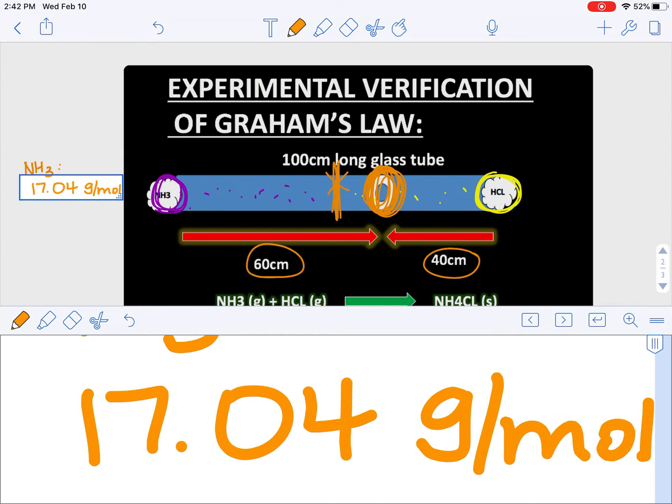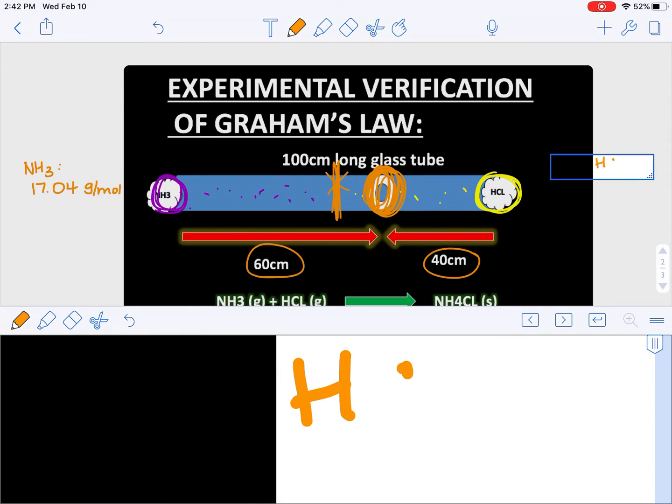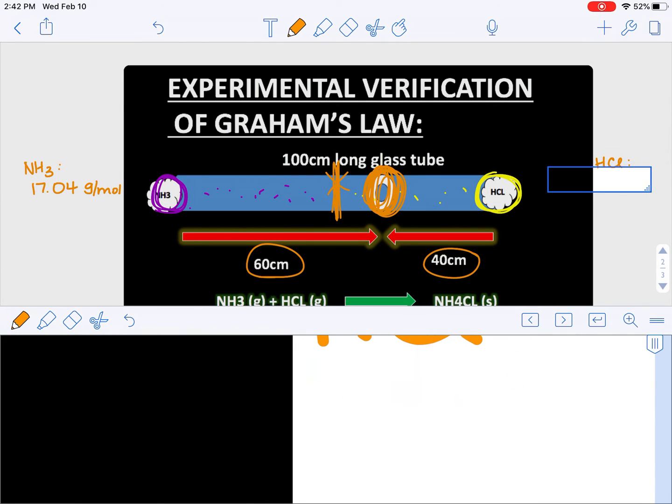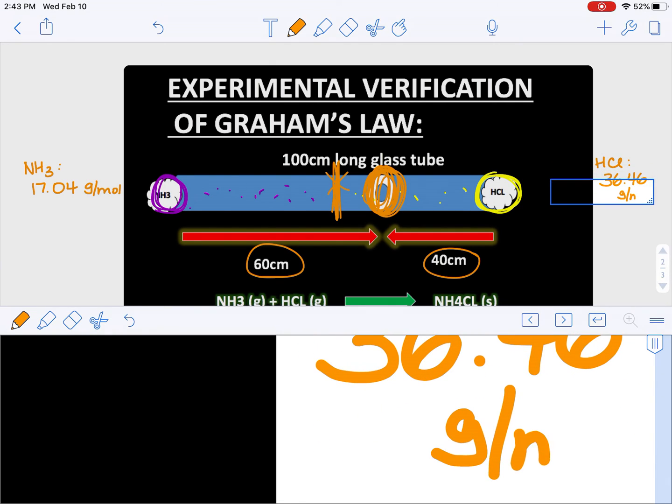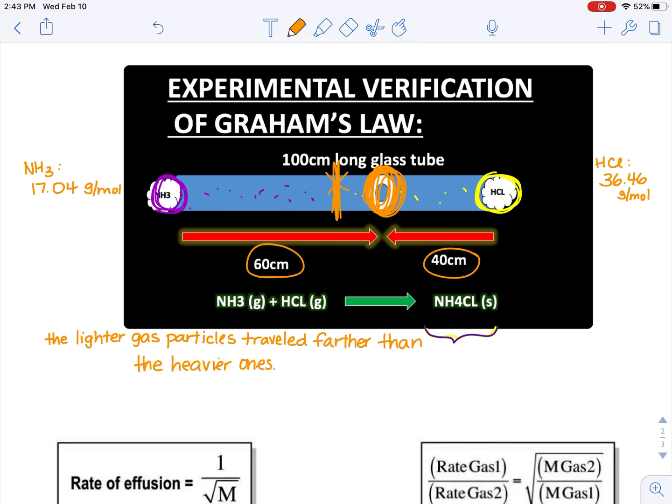NH3 has a molar mass of 17.04 grams per mole. HCl has a molar mass of 36.46 grams per mole.